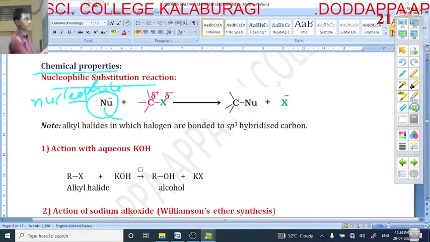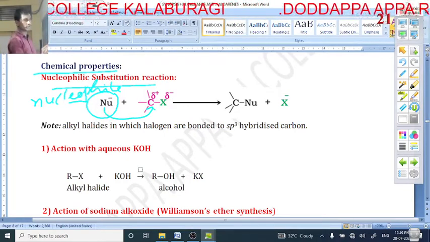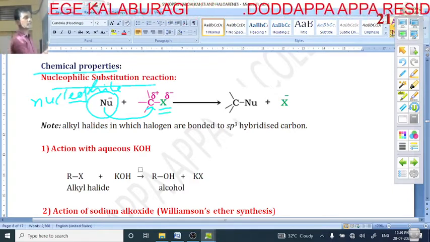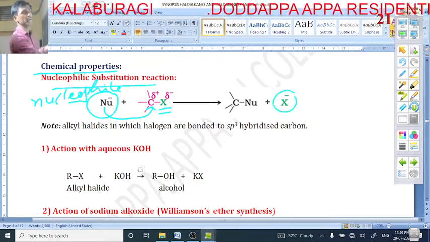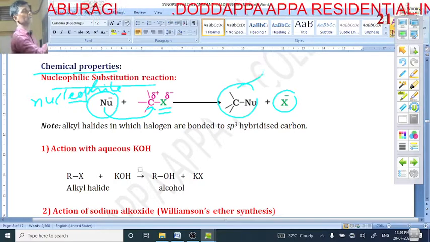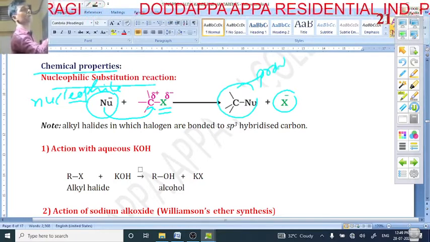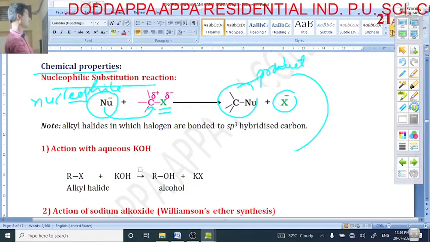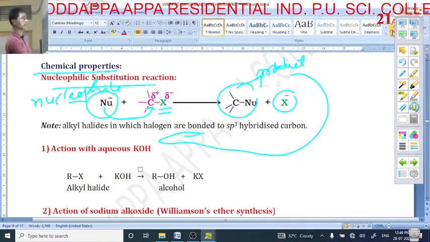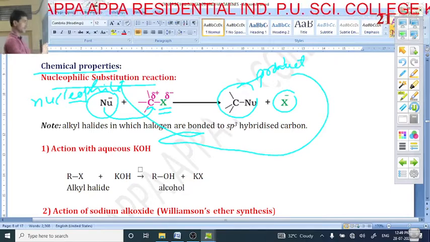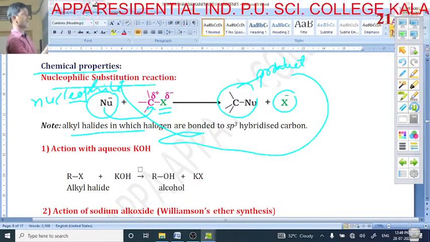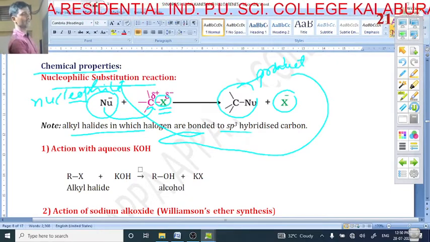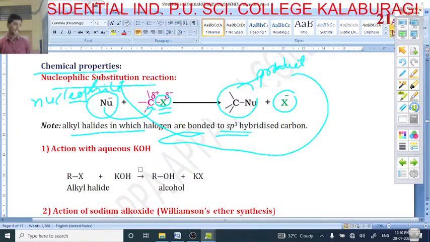This nucleophile attacks the positively charged carbon and substitutes X minus. It gives a product, and this product is called a nucleophilic substitution product. In this alkyl halide, the carbon to which the halogen is attached has sp3 hybridization.